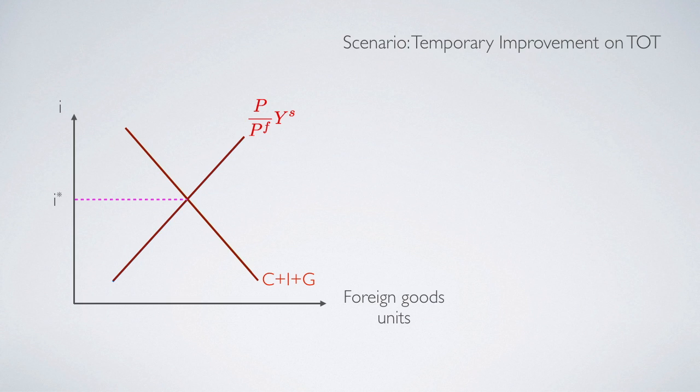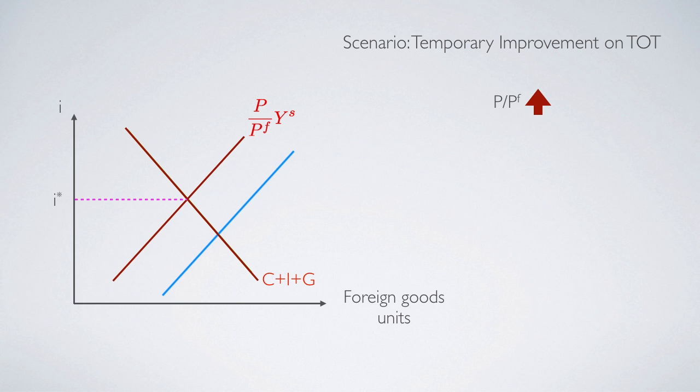Now we analyze the scenario of a temporary improvement in the terms of trade, TOT. When the terms of trade, TOT, improves, which means this ratio increases, we know that it will immediately move the line to the right.